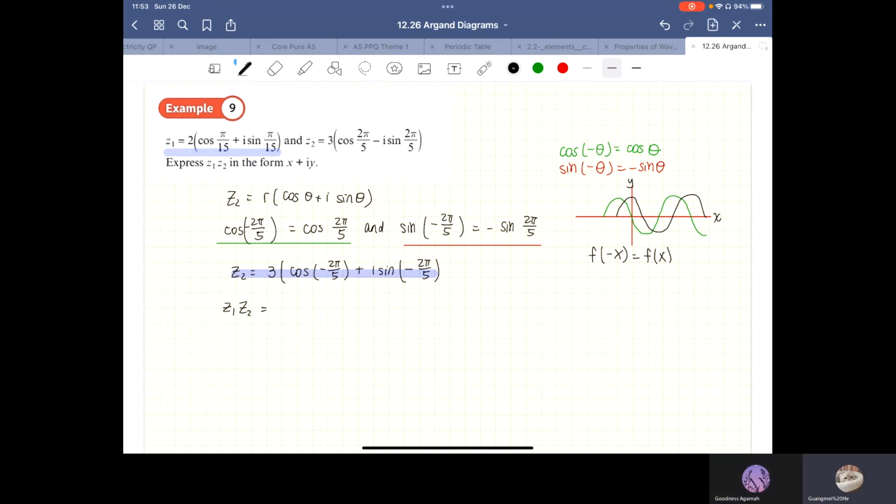Yeah, use it then. So 2 times 3, write it out in full.